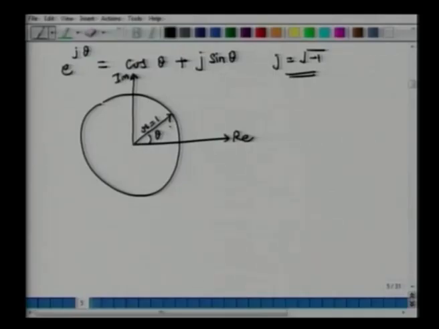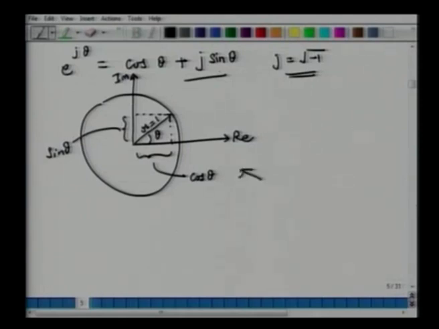If I draw a normal here, this value along the real axis is cosine theta, and the vertical component is sine theta. So this is my function and this is its graphical representation.